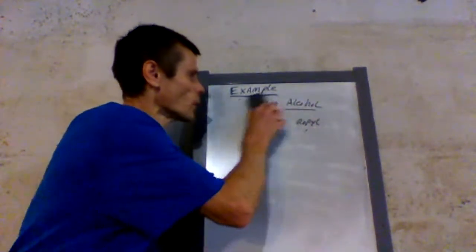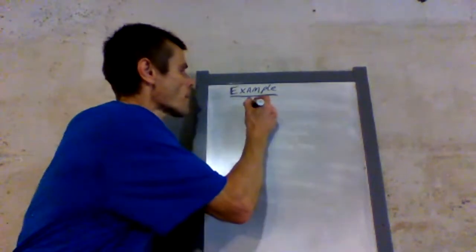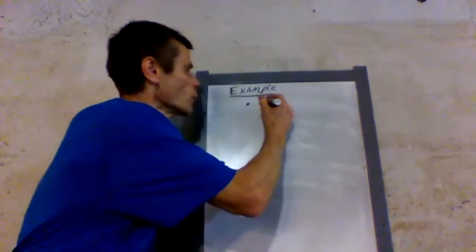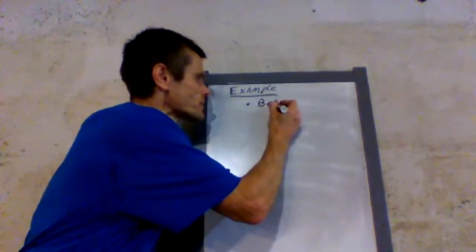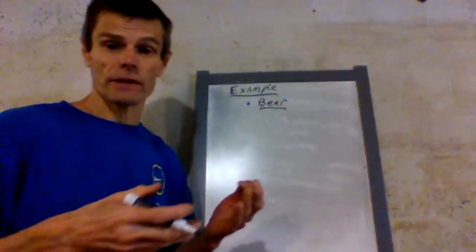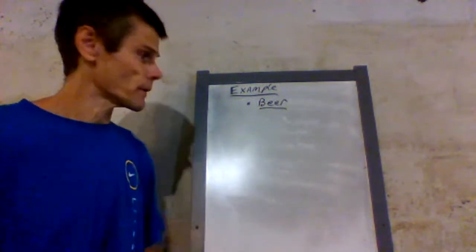And let's think about what would happen if we take a sample of beer. What we would recognize if we pour some beer out is that beer has alcohol in it. It has yeast. It has malt. It has a lot of other things. There's sugars in there.